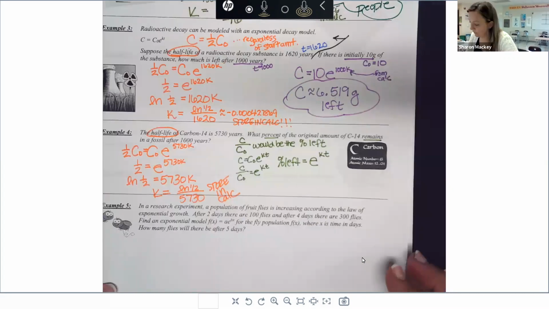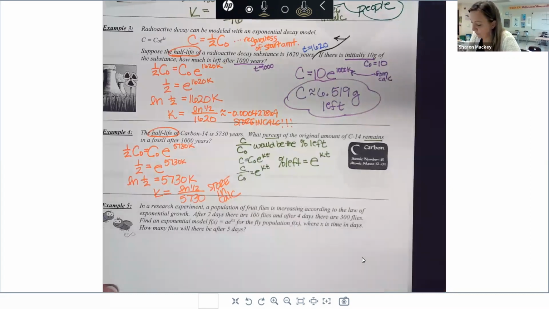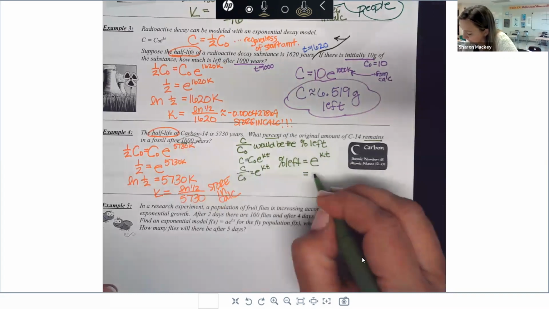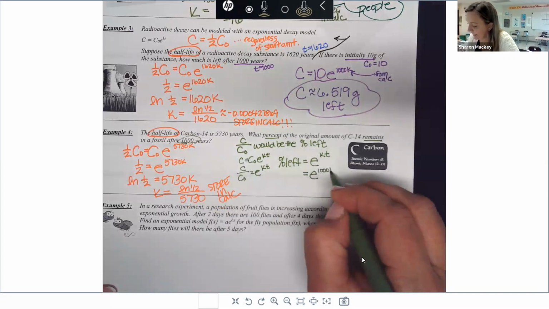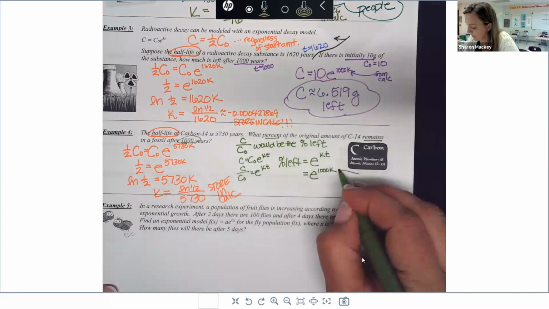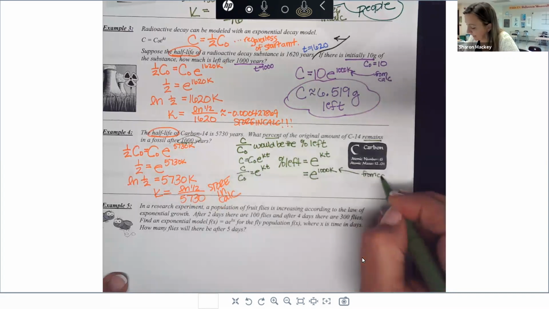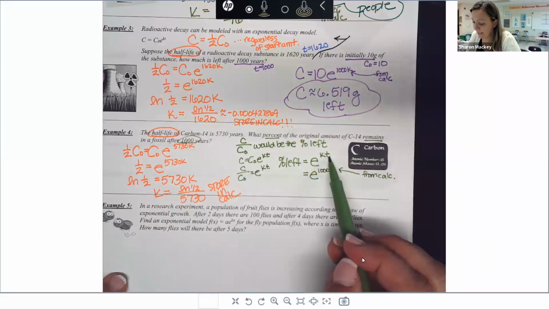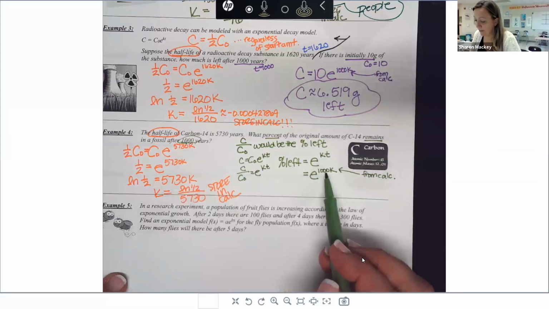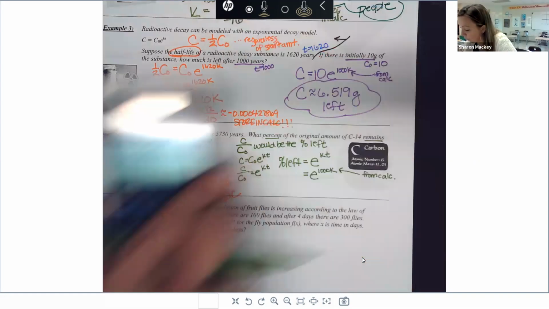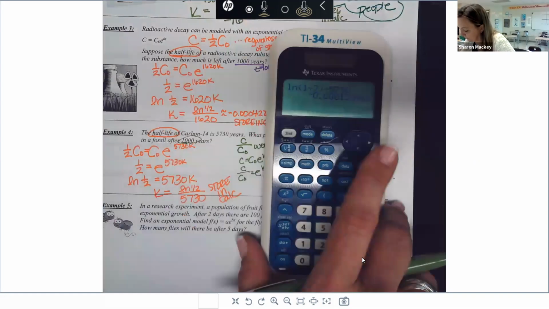And so this wants to know what's left after 1,000 years. So after 1,000 years, we would put our K value in from the calculator again. I know it looks like a variable, but it's really a constant from the calculator. And then we wanted to know how much was left after 1,000 years, so we put that 1,000 in. That would be our percentage that's left. Oh, I have to store this for X. Let's do that.